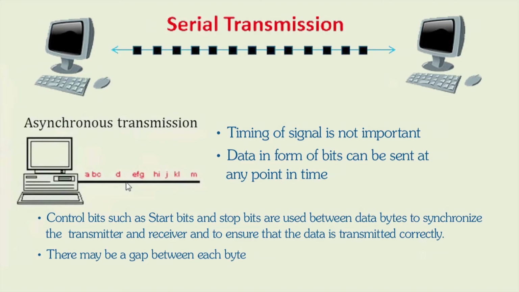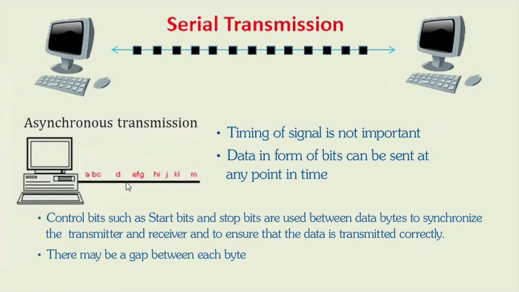So the start bit comes first, then 1 byte of data will be sent, then the stop bit. It means that 1 byte is completed. After that there might be some gap, then the second byte will be sent. Before sending each byte there has to be a start bit again, and the end is a stop bit.